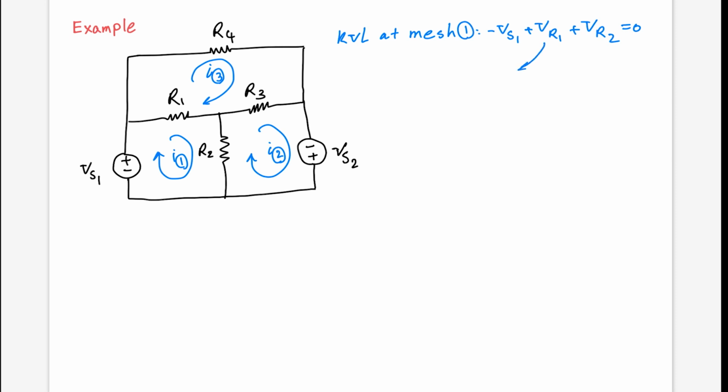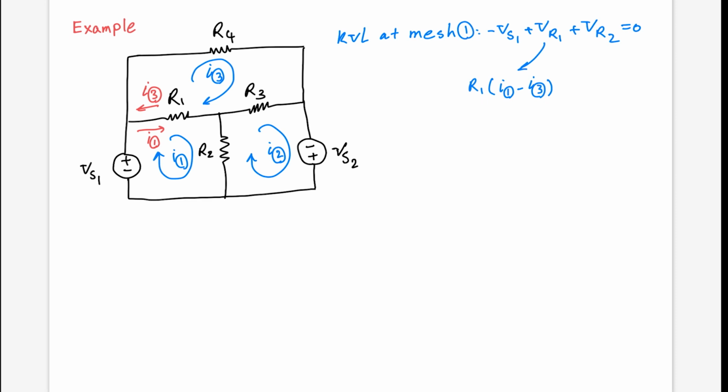Well, VR1 is R1 times I1 minus I3. Why? Because if you look at the resistor R1, the voltage across it and the currents that are passing through are I1 in this direction and I3 in the opposite direction. So the overall current will be the difference of I1 and I3. That's why we have written it in this form.